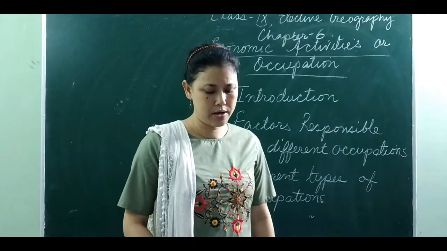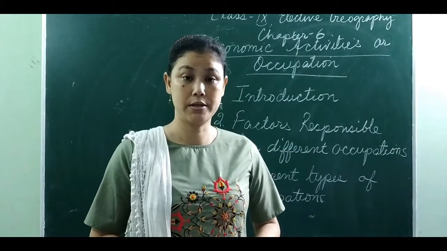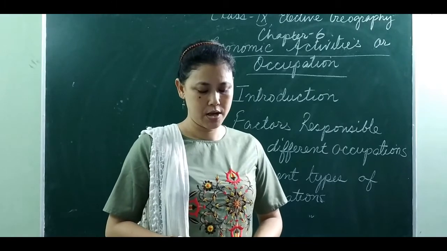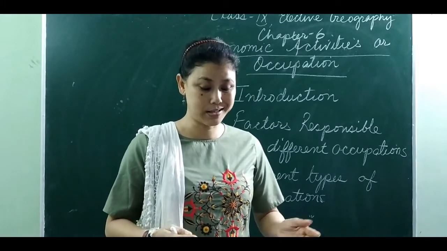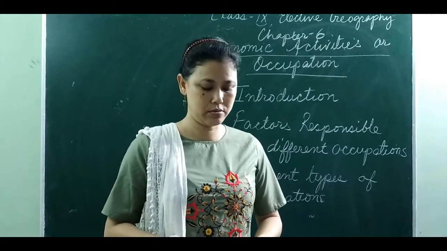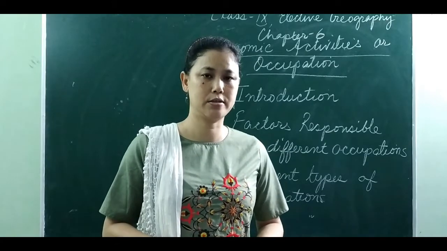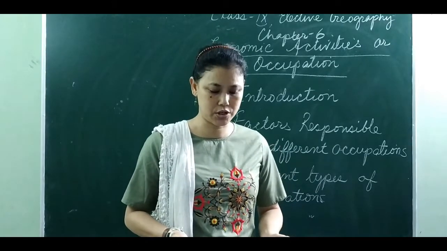Just to go in a little detail about the different types of surface that are available on the earth. Some parts of the earth's surface may be plain, some may be grasslands or coastal, highlands like mountains. And we know that fertile lands, especially near the river banks, are very suitable for agriculture.